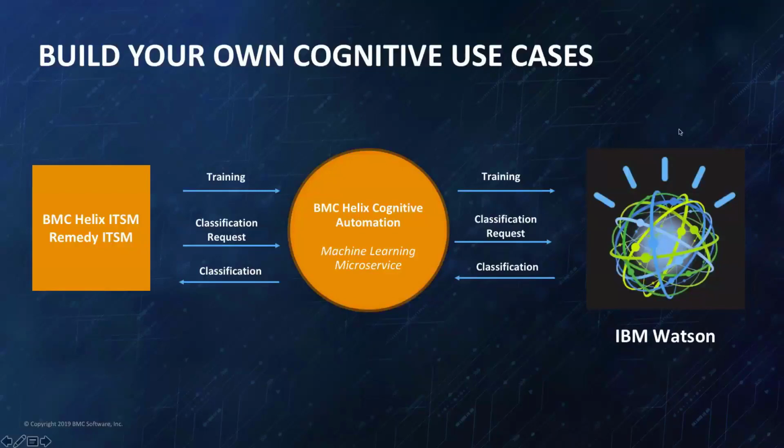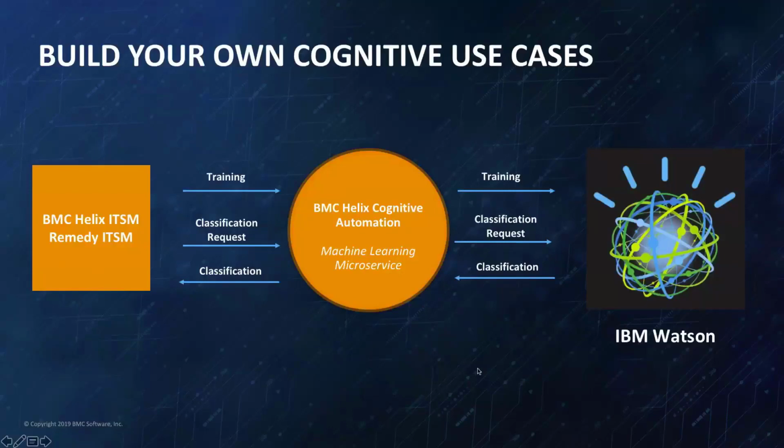So the cognitive machine learning service that we offer is a cloud service, and that's the only option, but you can connect it to both Helix ITSM in the cloud as well as on-premise Remedy ITSM. Both of that is possible.